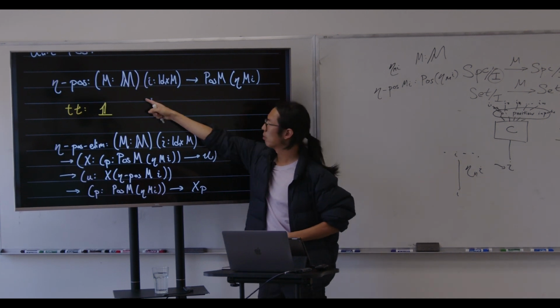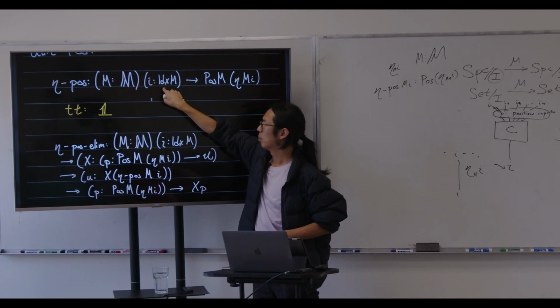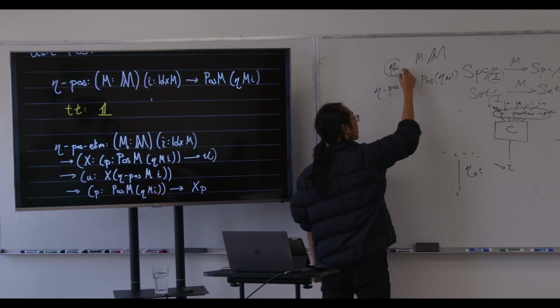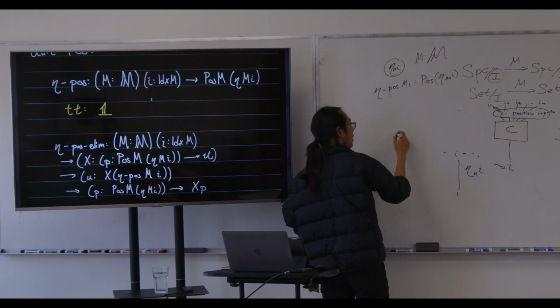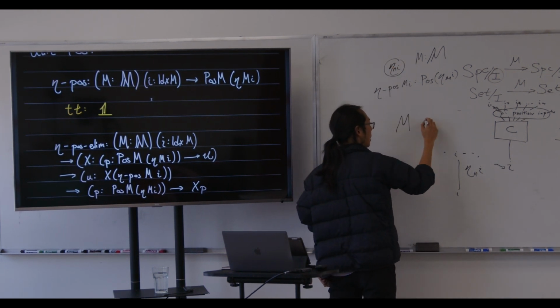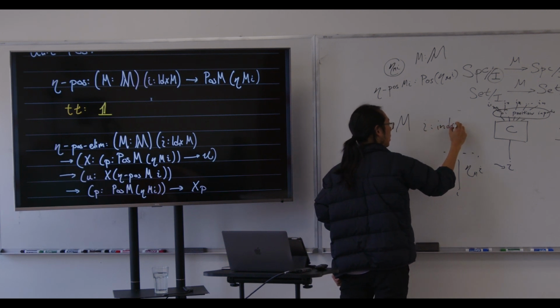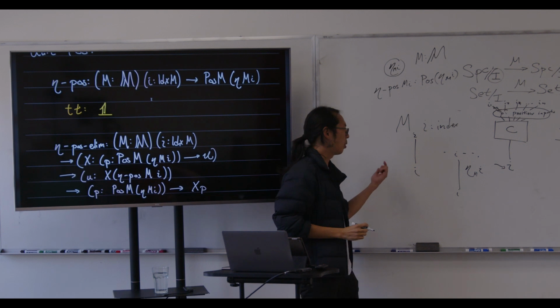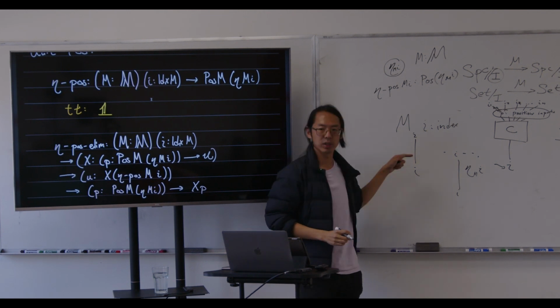Not quite. Given a monad and given a variable of it, it'll always have this thing called the unit constructor of that variable. So given a monad and some I in its index, we always have this tree, right? If it's a polynomial monad, it'll always have this unit tree.